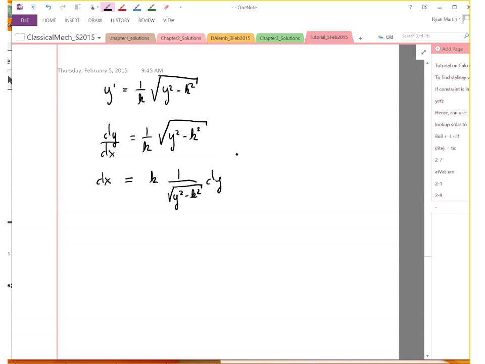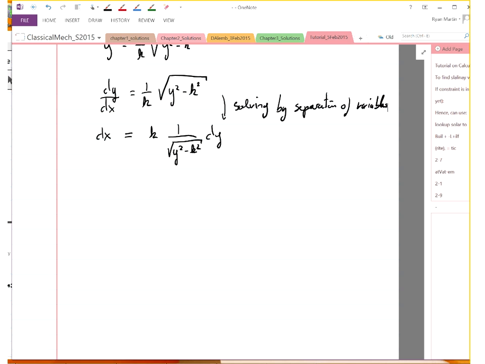If you want the technical term, this is solving by separation of variables. Right, this is a differential equation, and we're solving it using the method of separation of variables, since the x's and y's separate.